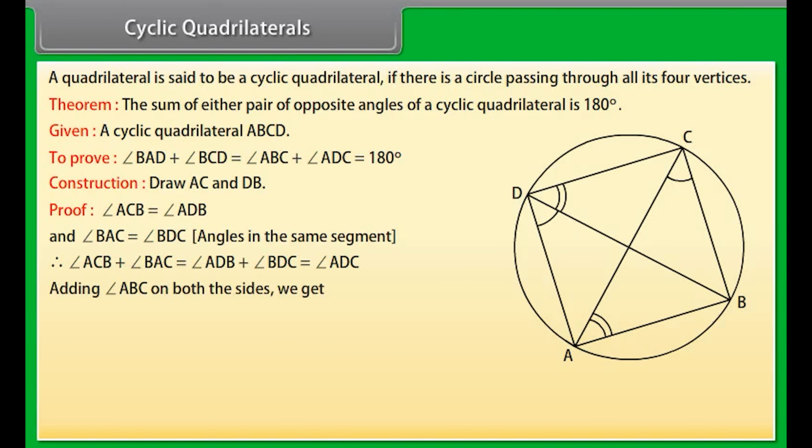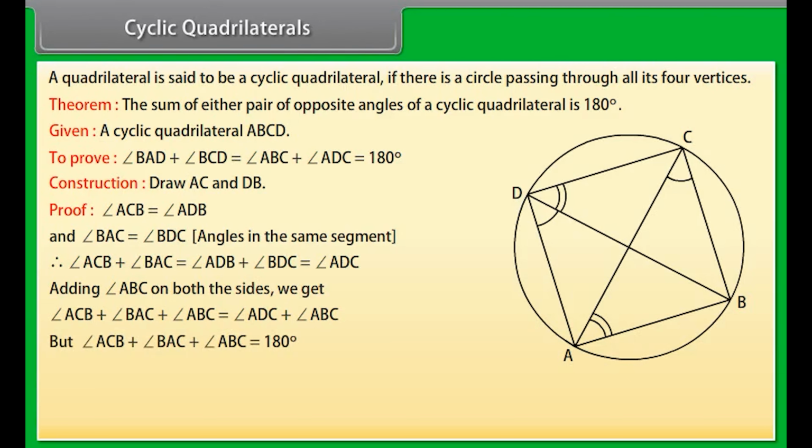Adding angle ABC on both the sides, we get angle ACB plus angle BAC plus angle ABC, which is equal to angle ADC plus angle ABC. But angle ACB plus angle BAC plus angle ABC is equal to 180 degrees, because the sum of the angles of a triangle is 180 degrees. Therefore, angle ADC plus angle ABC is equal to 180 degrees.